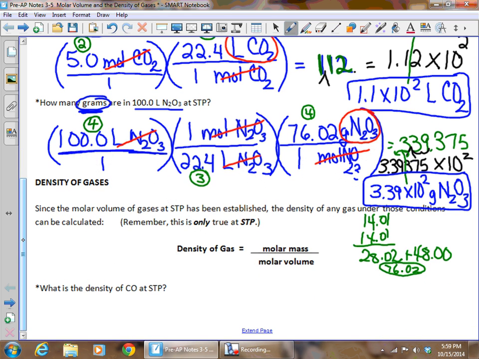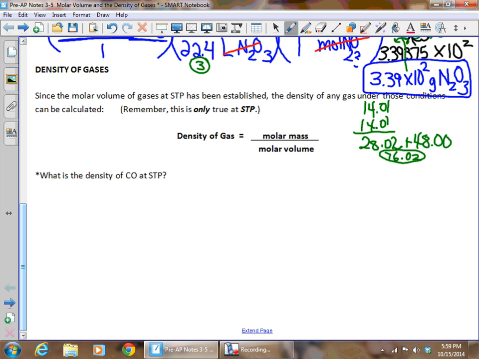Now, as far as the density of gases, we know that there is an equation for density, and if you remember this from earlier in the year, density is mass over volume. Well, the beautiful thing about gases is if we are at STP, and this is only true at STP, the density of a gas is going to be equal to its molar mass over its molar volume.